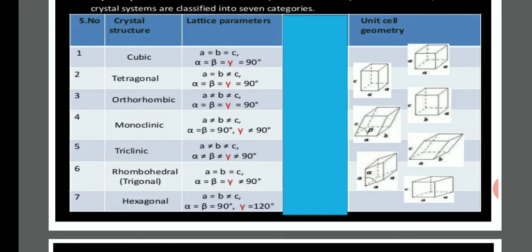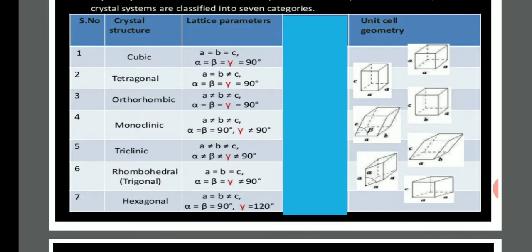So first is the cubic crystal structure, lattice parameters A equal to B equal to C and alpha equal to beta equal to gamma equal to 90 degrees. Second one, tetragonal.